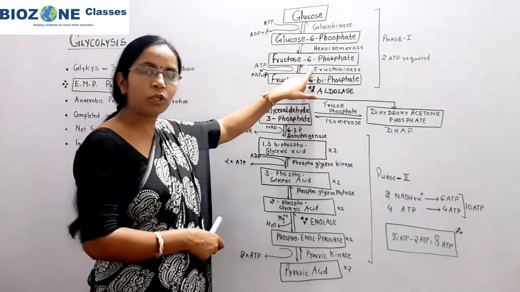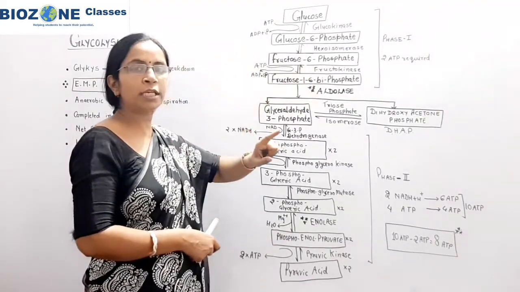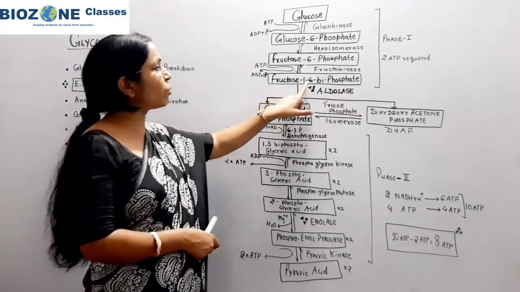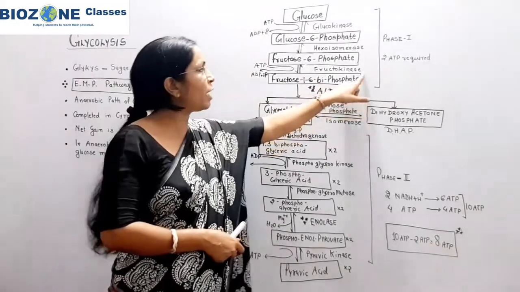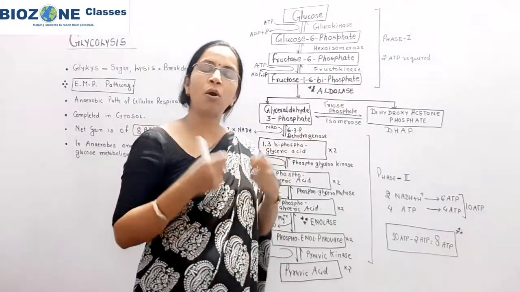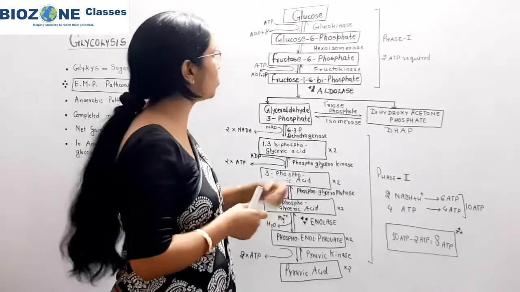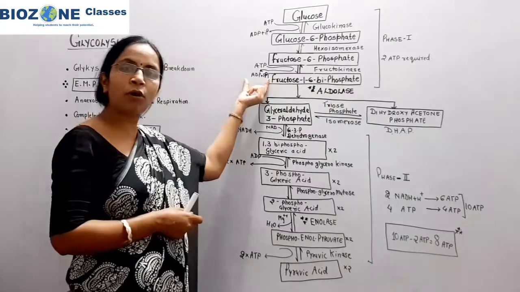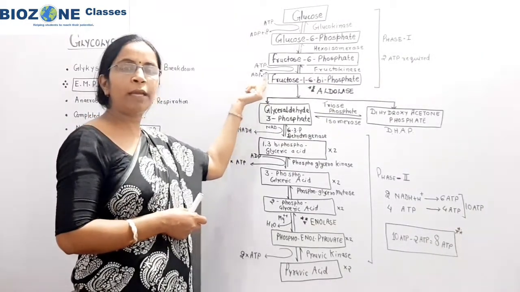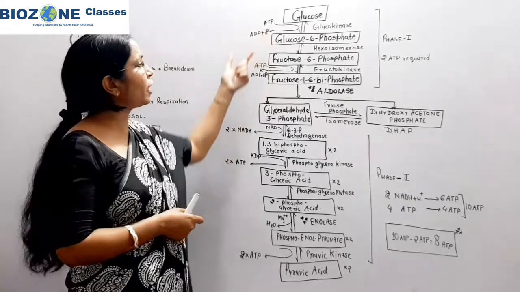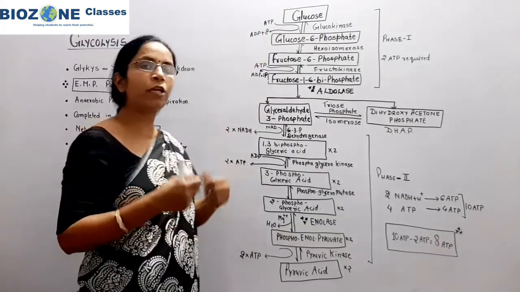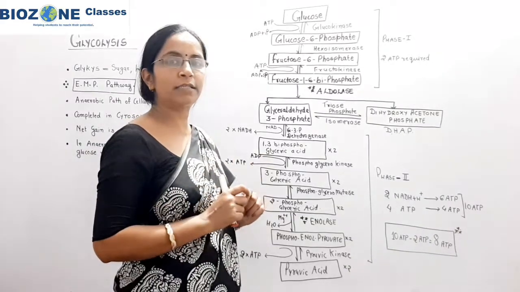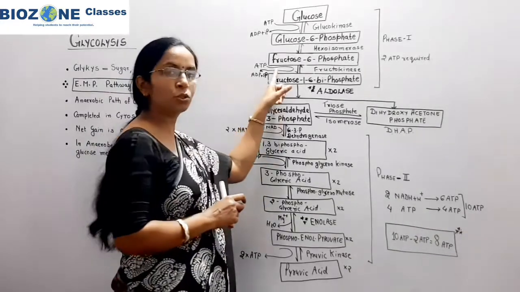Now in the third reaction of glycolysis, fructose 6-phosphate changes into fructose 1,6-biphosphate with the help of the enzyme fructokinase, or in some reference books you find it as hexokinase. Again the second molecule of ATP is broken into ADP and inorganic phosphate. For both reactions where ATP is broken into ADP and inorganic phosphate, magnesium ion is essentially required. So that part also you remember.